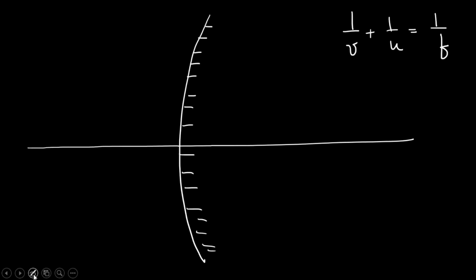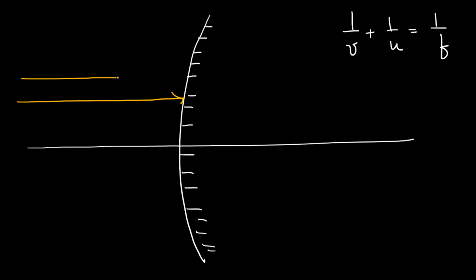And as our sign convention, the formula is of course the same, 1 by v plus 1 by u is equal to 1 by f. And this time what we're saying is the rays are coming from infinity and they're parallel. I think there is no need to repeat that argument.